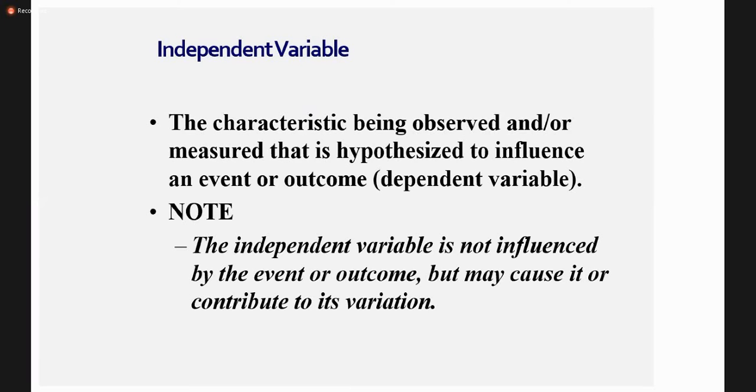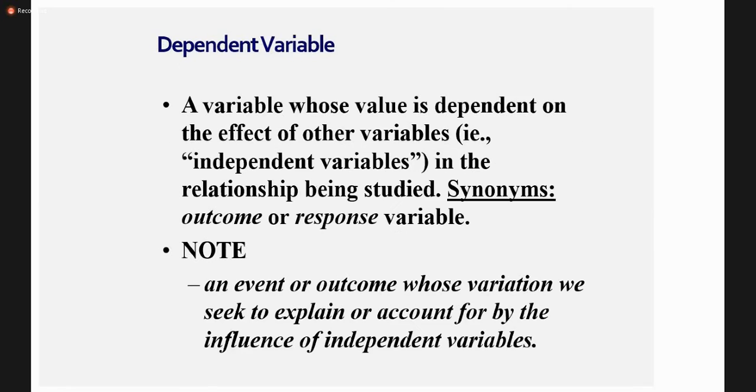Independent variables are those variables which are risk factors and which are putting an effect on your outcome of interest. That's why they are called independent variables. While the dependent variable is the outcome of interest in your study. Most of the time it is a disease, but sometimes it could be a condition, anything.